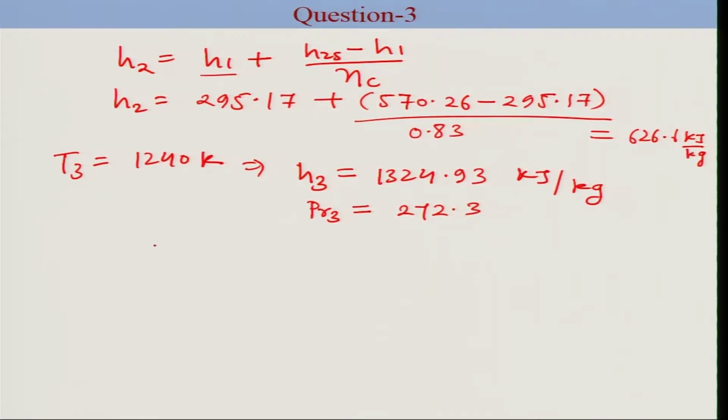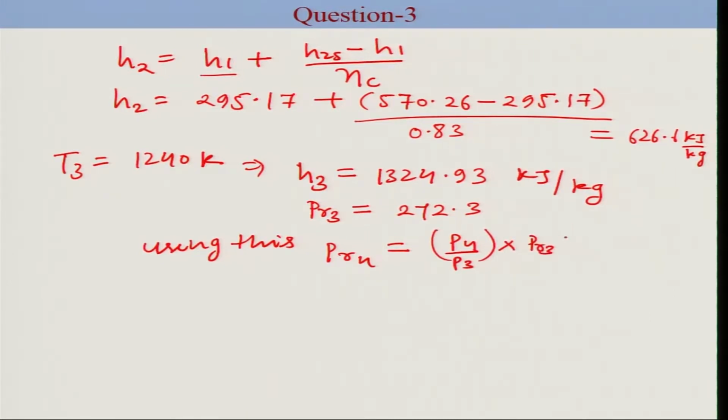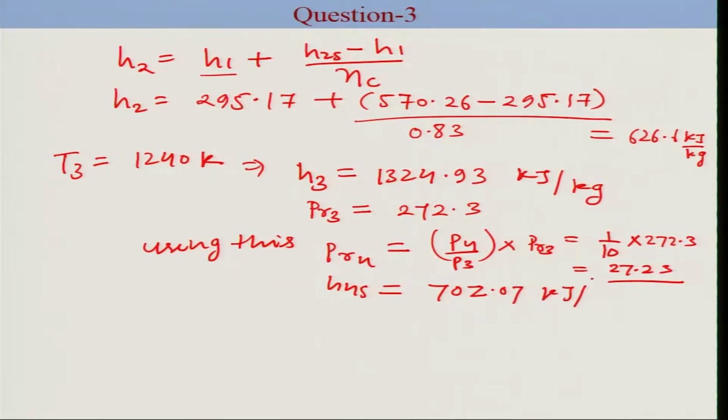So, using this we can get PR4 equal to P4 upon P3 times PR3, which is equal to 1 upon 10 times 272.3, which gives 27.23. Okay. So, corresponding to this reduced pressure, H4s can be taken from the table, which is 702.07 kilojoule per kg.